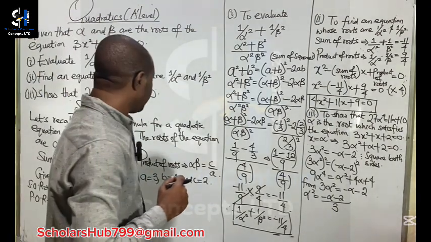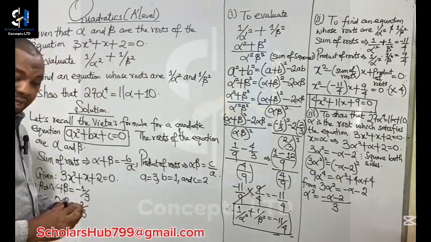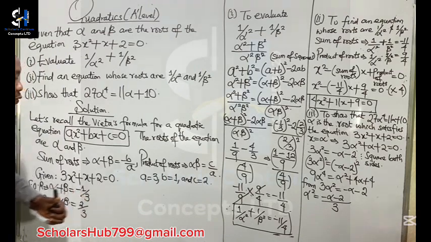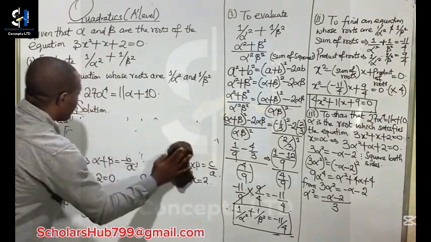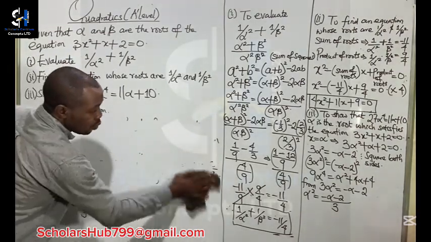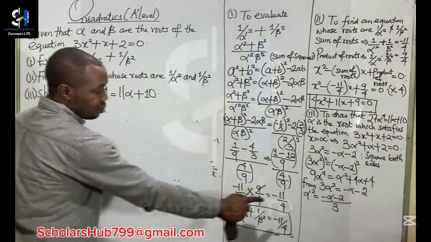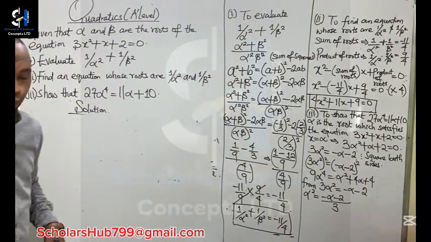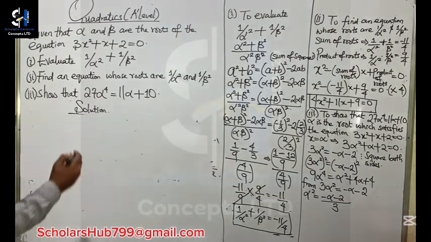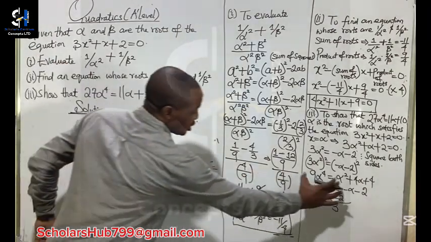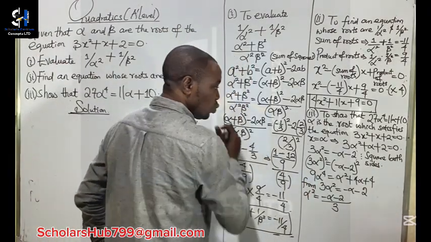Let me continue from here. Now we're going to substitute minus alpha minus 2 over 3 for alpha squared in this equation.